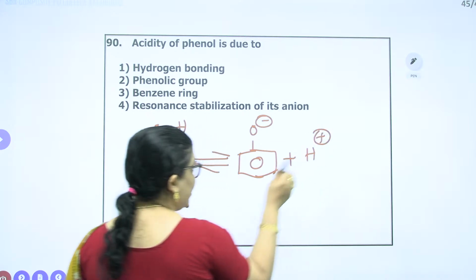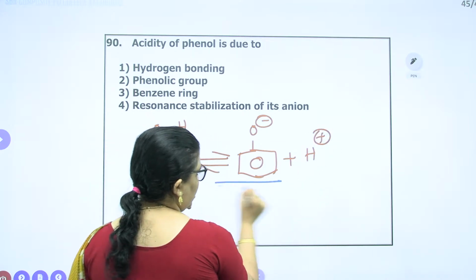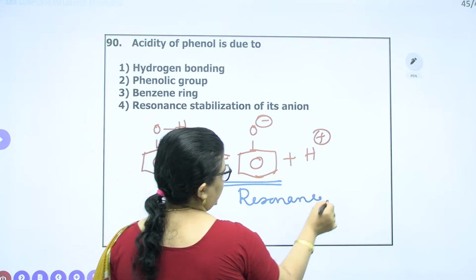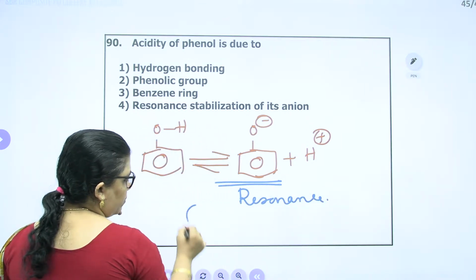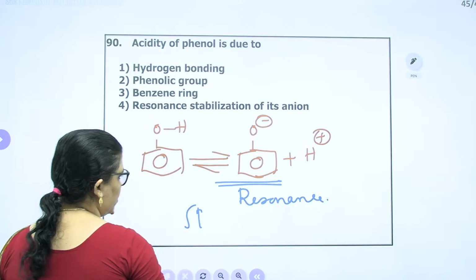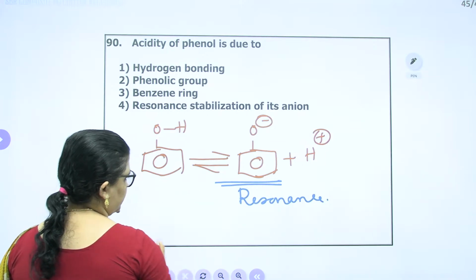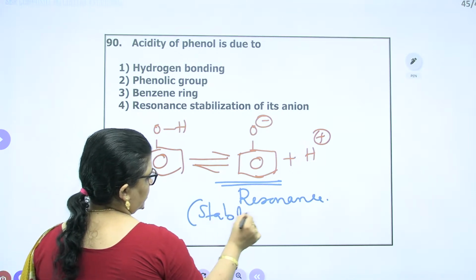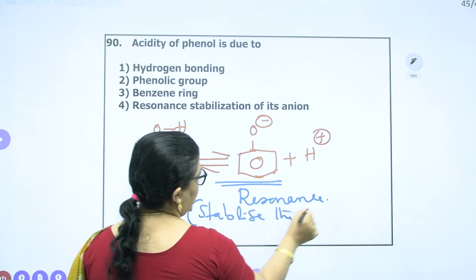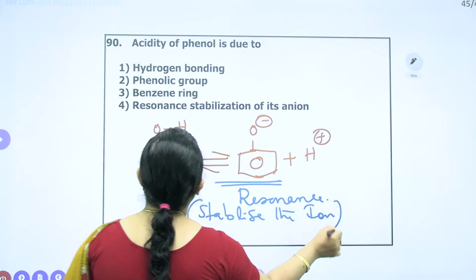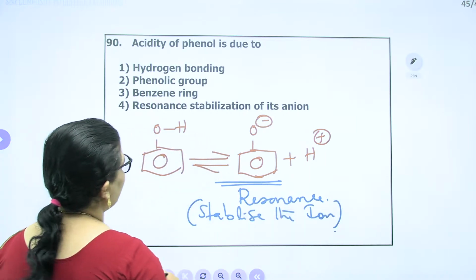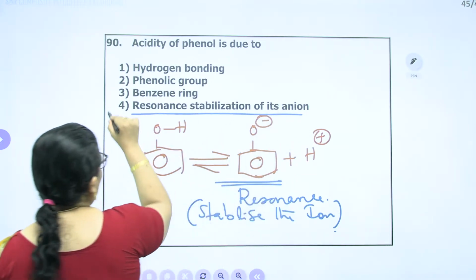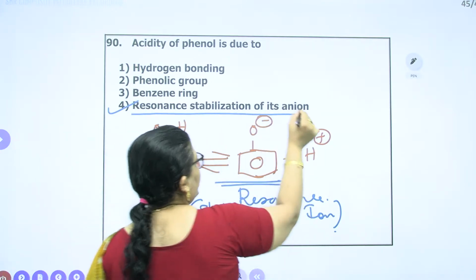This phenoxide ion can undergo resonance, which stabilizes the ion and increases its stability. So here we can say it is the resonance stabilization of its anion. What is its anion? Phenoxide ion.